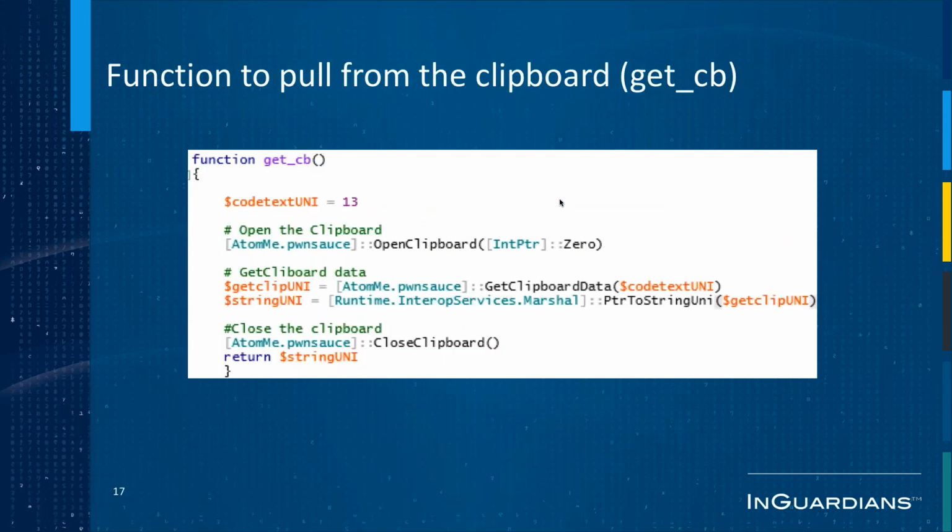So this one is to actually get the clipboard. As we can see, code text uni is taking the string value and using that 13 as the Unicode value.